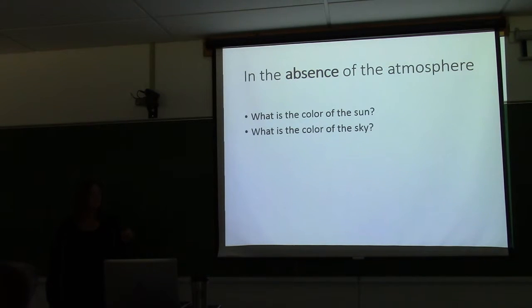White? So that would mean that if there was just the sun and there was no atmosphere on Earth, we would see a white sky. Yeah? Black. Okay, so we have black and white. Black would mean there's no light coming from the sky, and white would mean there's all sorts of light coming from the sky. Which is it?